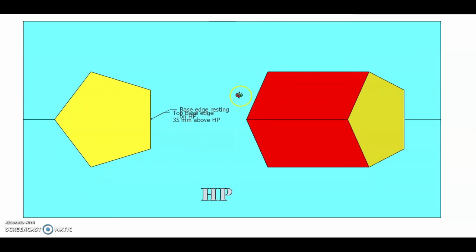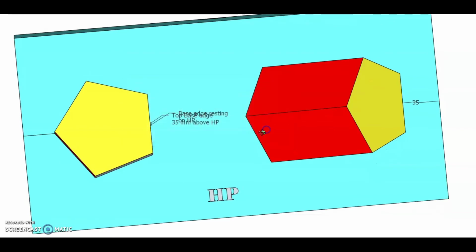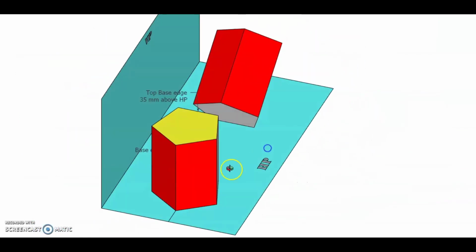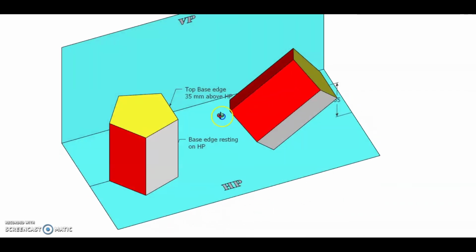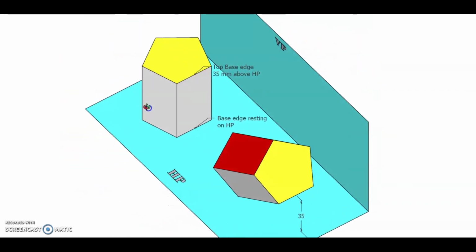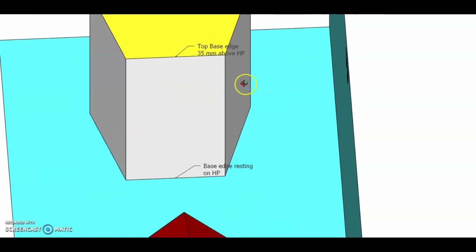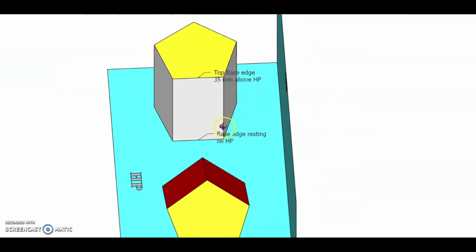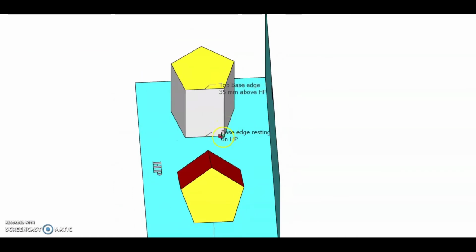Now in inclined condition, these two rectangular faces are visible, whereas these three rectangular faces are not visible. So for the hidden portion, this base edge, this one and this one, is not visible, so it should be represented by dotted line.